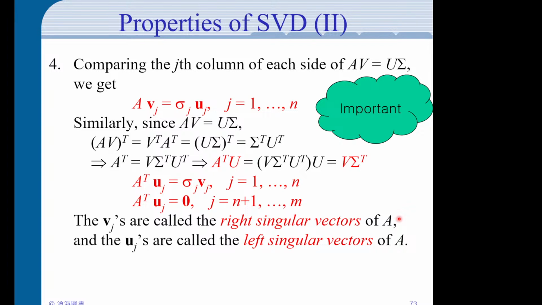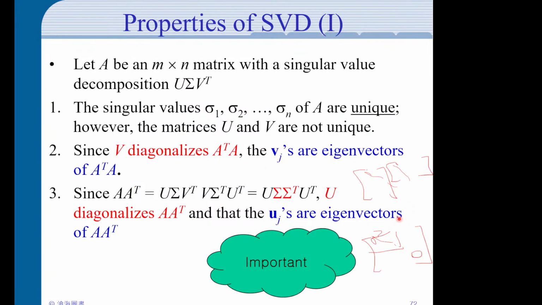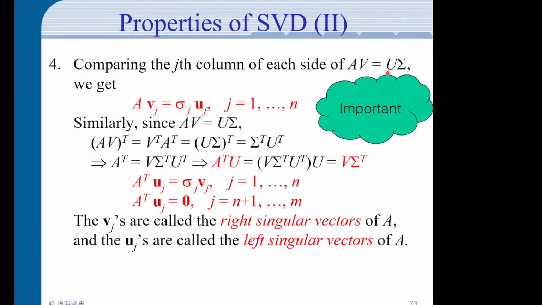Then the property that we already used: from A equals U Sigma V^T, you can multiply V on both sides, and you get A V equals U Sigma. Looking at this column by column, you find A v_j equals sigma_j u_j.